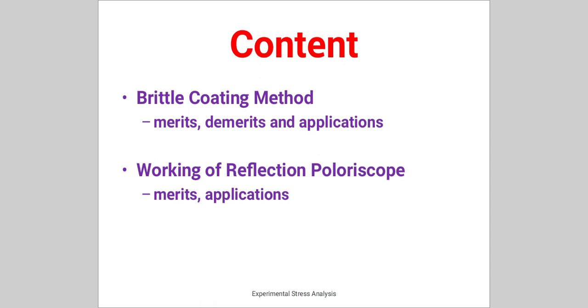Now in this chapter we are going to discuss the reflection polariscope, that is its basic construction, how it works, and how it is used in the brittle coating method to find out the stress values in different directions. Then we will also discuss its advantages and applications, that means in how many applications that reflection polariscopic device is used. Now we'll start one by one.